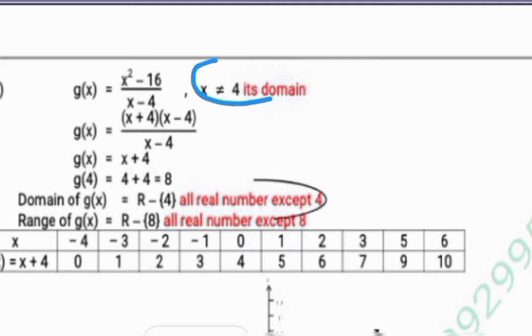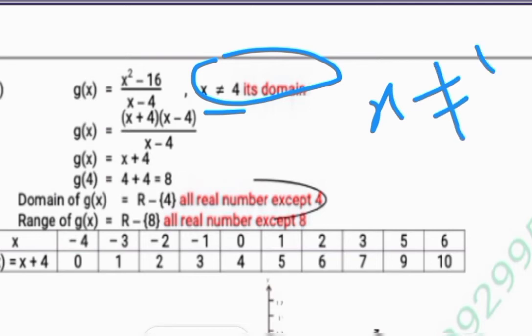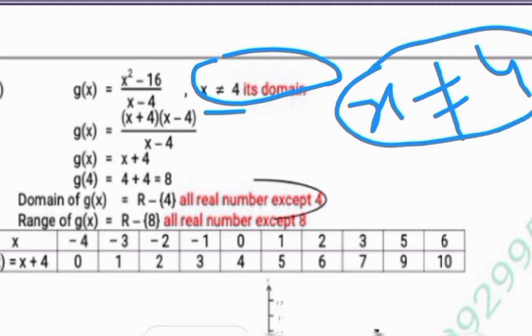As it is given in the question, this is the domain: x is not equal to 4. As I've told in the last part, except x is equal to 4, all values are domain.